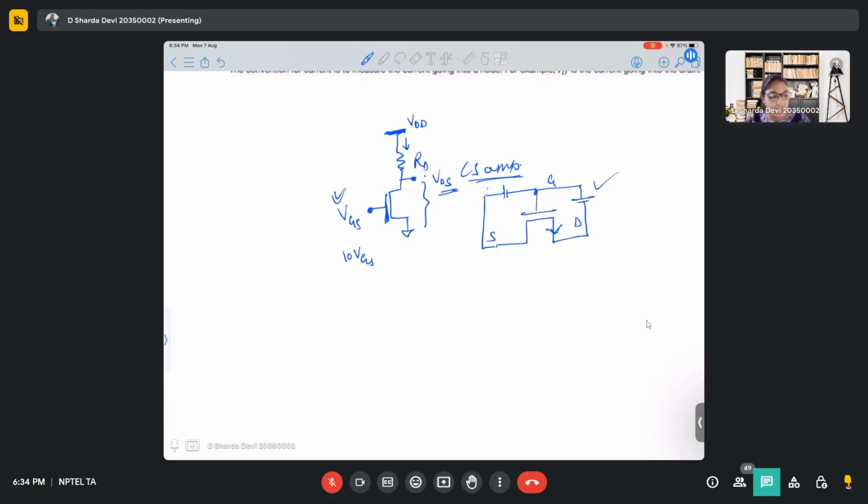Here these two are independent of each other. In an amplifier, they are made dependent on each other so that we can tune our outputs based on inputs. But in a basic MOSFET, these two are actually independent.